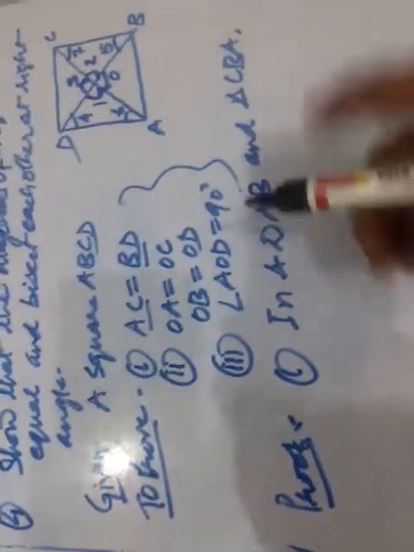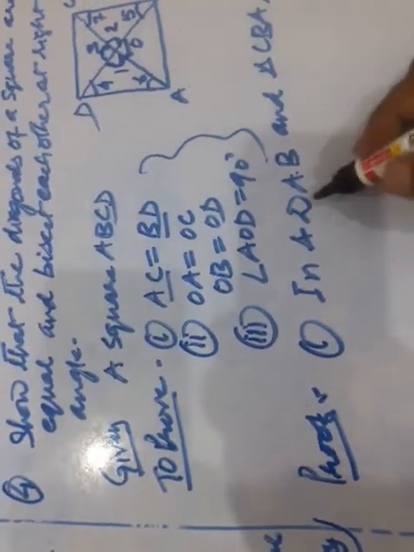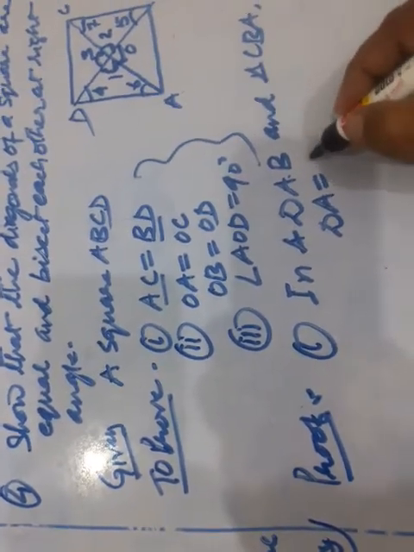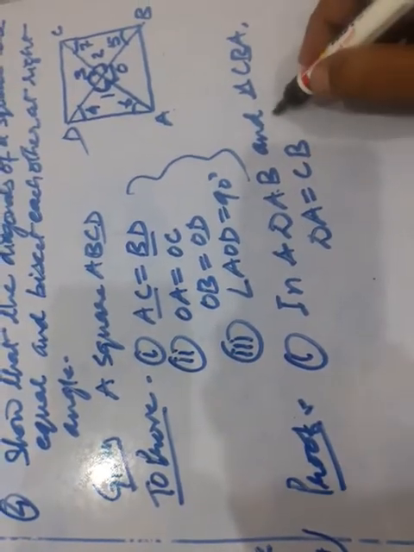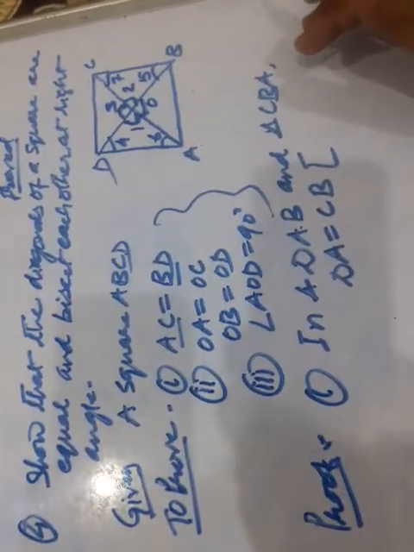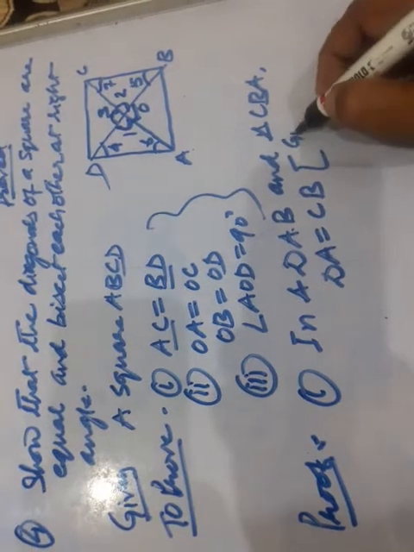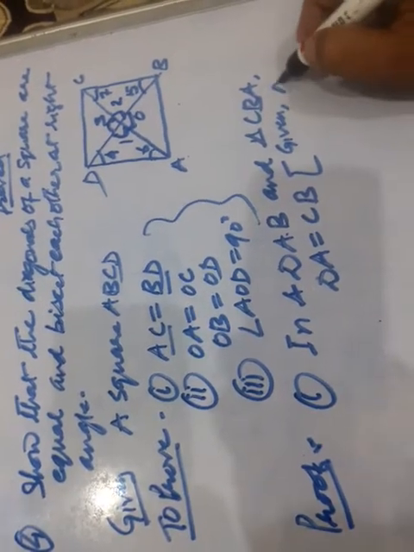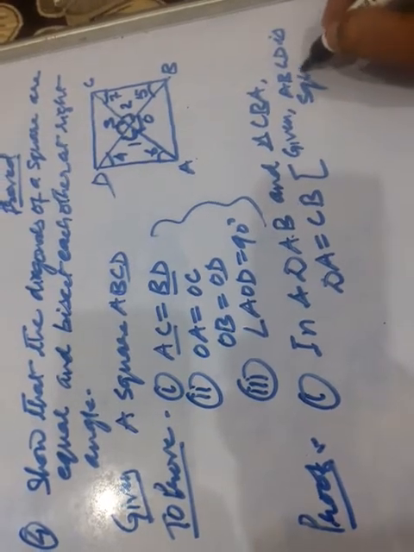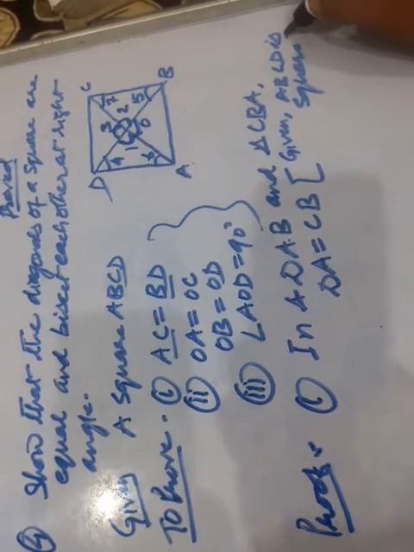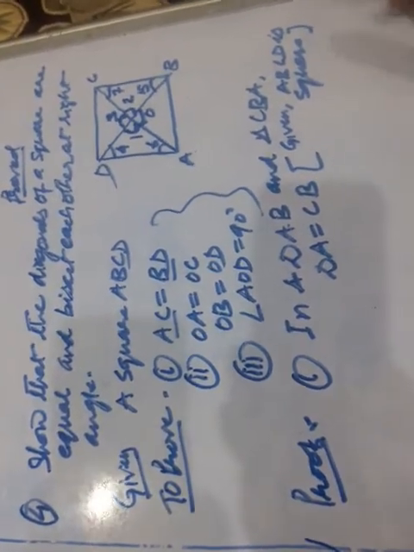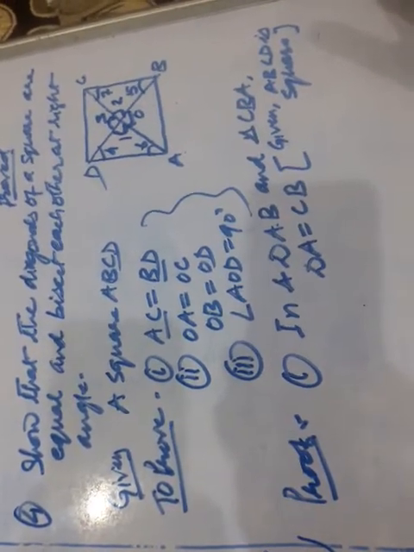Let us see. DA equal to CB. Why is it given? It is given because ABCD is a square. You can write given, or you can write ABCD is a square, and it is obvious that all four sides are equal to one another.